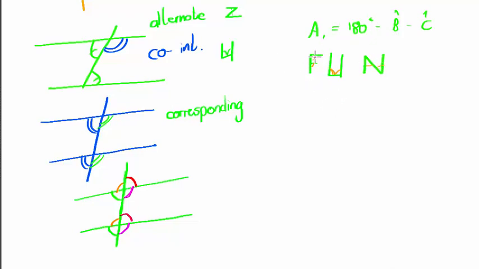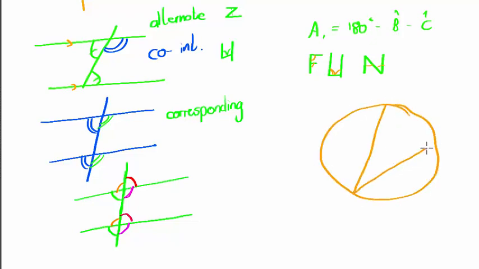I'm sure you saw it somewhere. But so the F, the U, and the N or the Z, to look for that when you have parallel lines. Again, if they don't give you parallel lines, and a lot of people use that, they would draw a circle like that, and then actually let's do it like this, something like this, and they would say that is corresponding angles there.